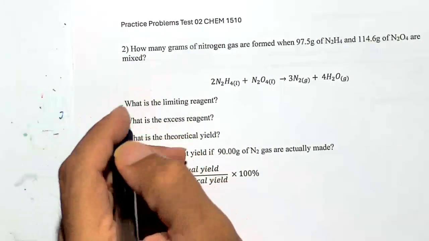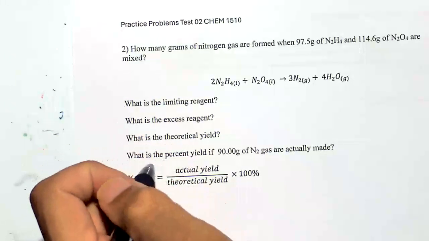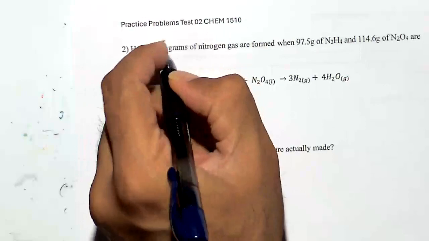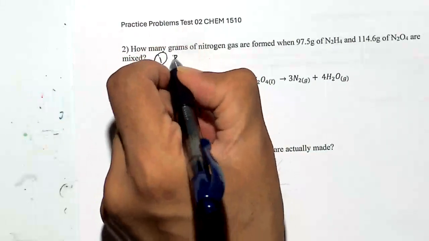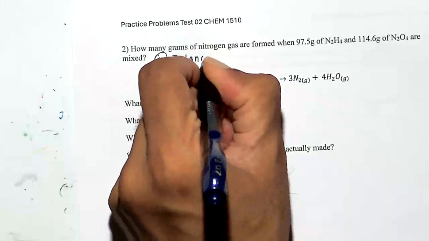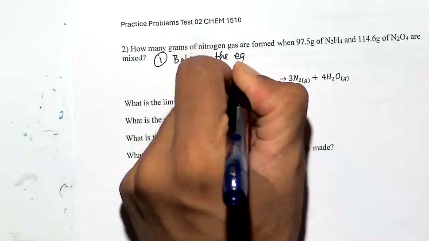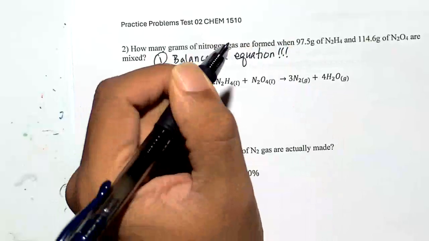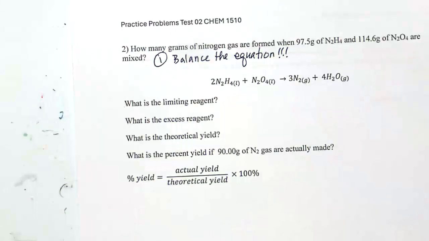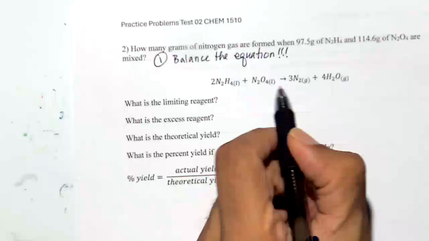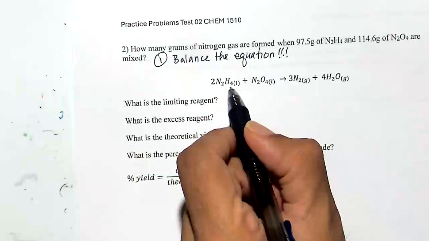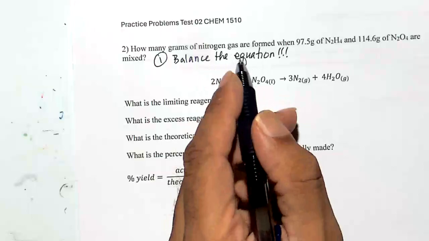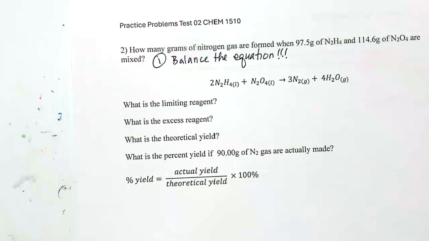First thing they're asking for is the limiting, the excess, theoretical, and percent yield. The first step in this is make sure you balance your equation. So are we balanced here? 4, 6, 4, 8, 8, 4 oxygens, 4. So we're balanced.